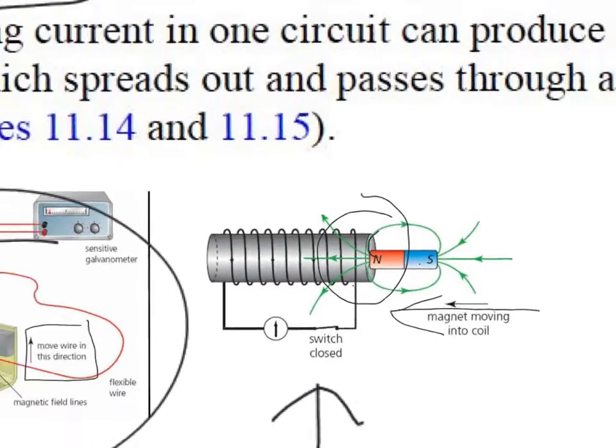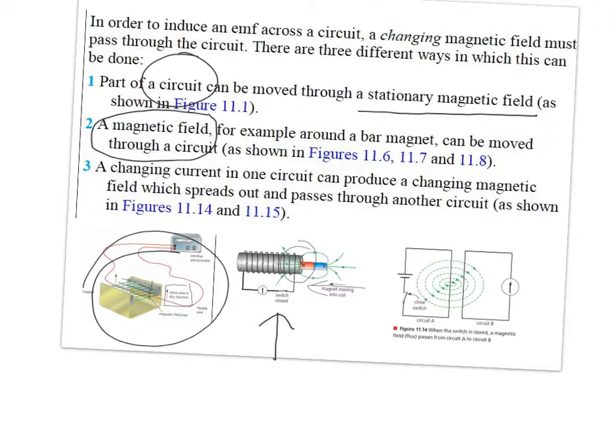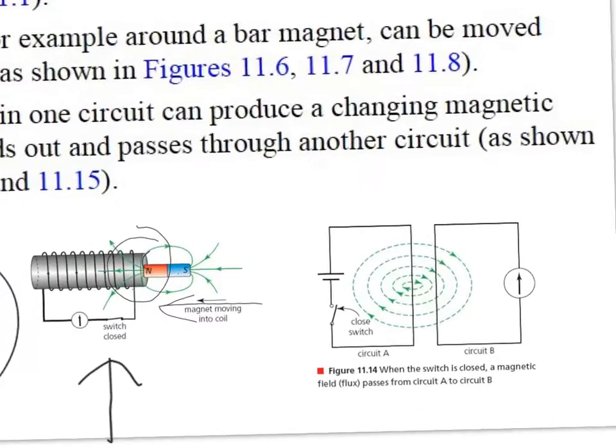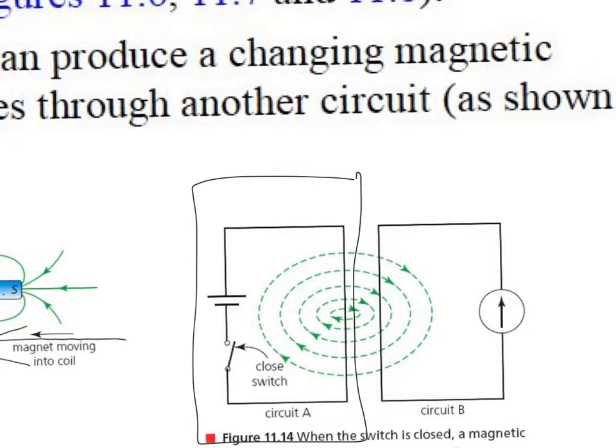Now, the third way of doing this, and this is where it gets really exciting, is to not move anything at all, but to use a current to make a magnetic field which changes. So if your current varies, say for example you close the switch, then you suddenly get a surge in current.